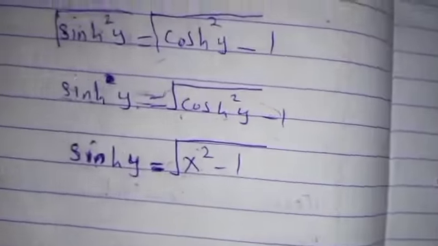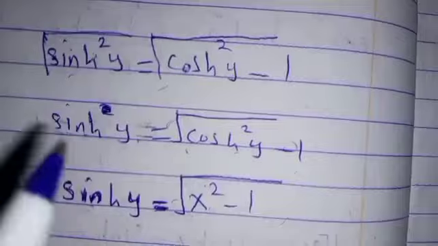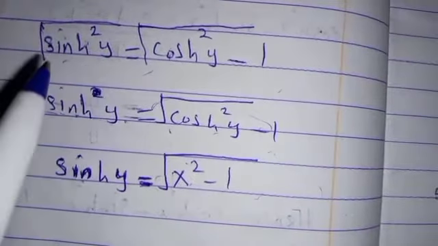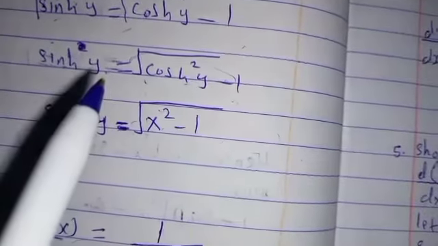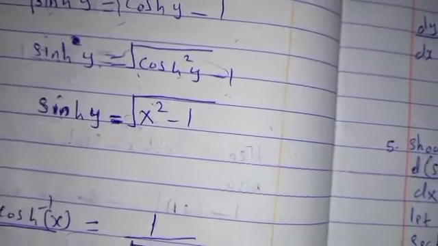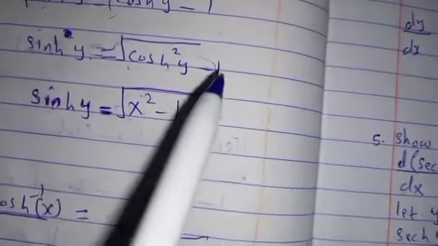Now we can take the square root here. When we take the square root of hyperbolic sine squared y, we are left with hyperbolic sine y, which is equal to the square root of hyperbolic cosine squared y minus 1.